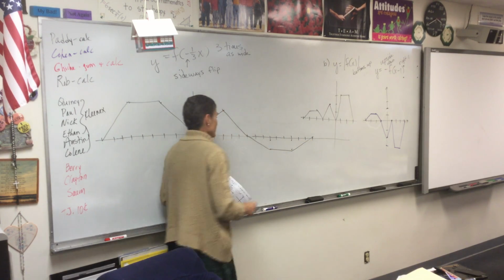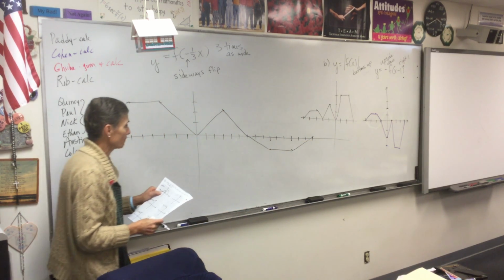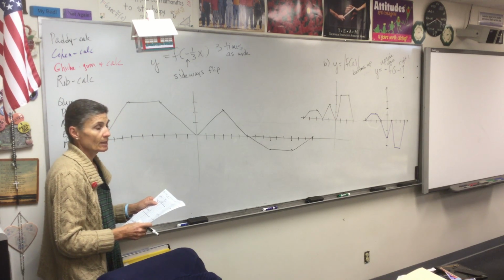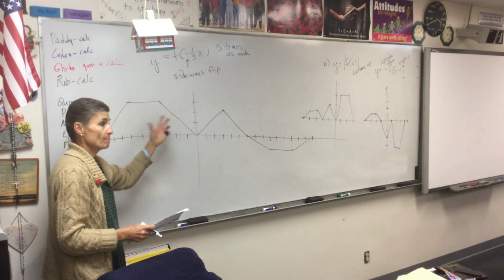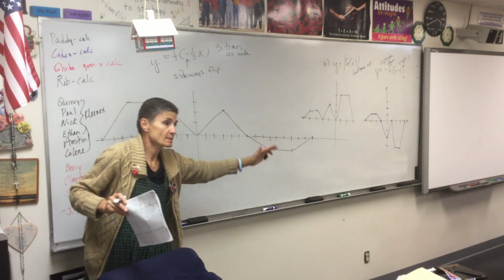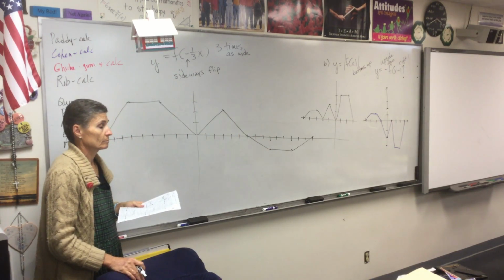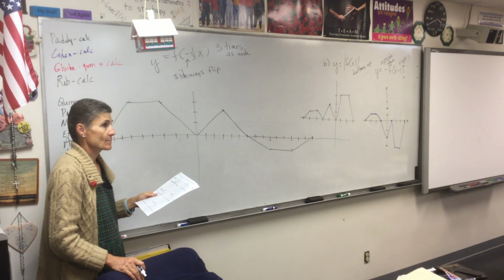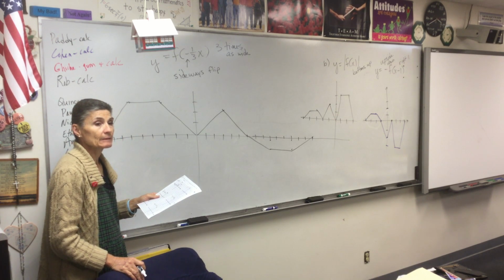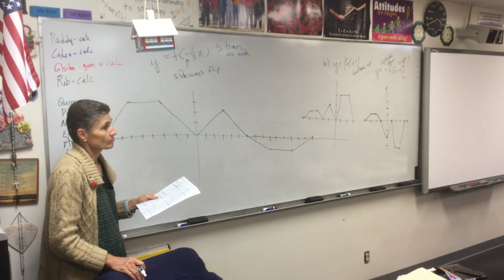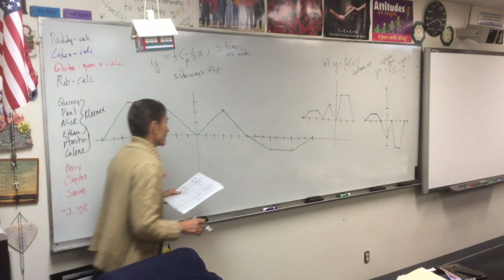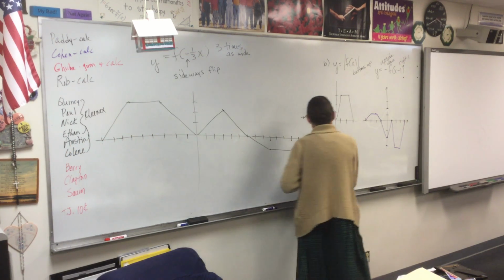So I count over 3 and plot a point, and over 3 more and plot a point, and over 3 more and plot a point. And there it is. Sideways flip. 3 times as long. Everybody okay? All right, one more.